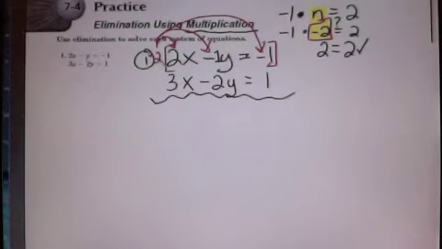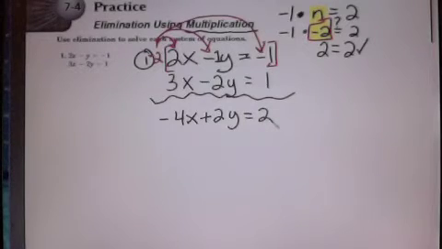So here's the way this works. Negative 2 times positive 2x is negative 4x. Negative 2 times invisible negative 1y, the negatives cancel and 2 times 1 becomes positive 2y. Negative 2 times negative 1, the negatives cancel again, and 2 times 1 equals positive 2.